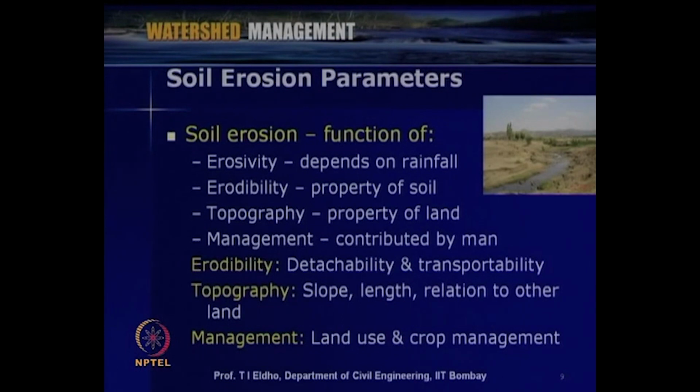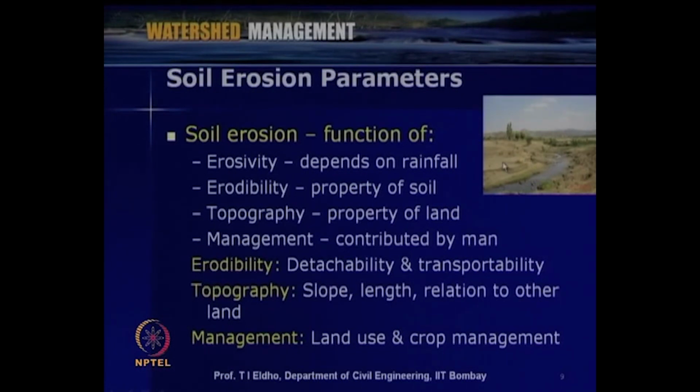It depends upon the land use and the agricultural activities within the watershed or within the area which we consider. And as far as erodibility is concerned, that is a property of the soil. So, that depends upon the detachability and transportability. Detachability means, for example, when precipitation takes place, the splash or the raindrop hits the soil.